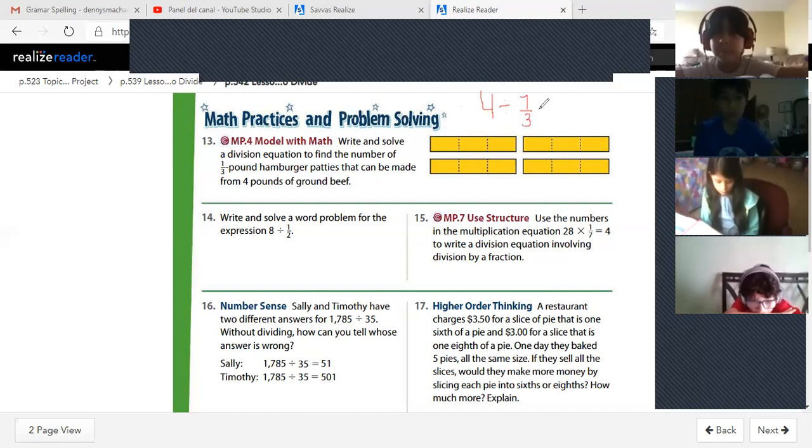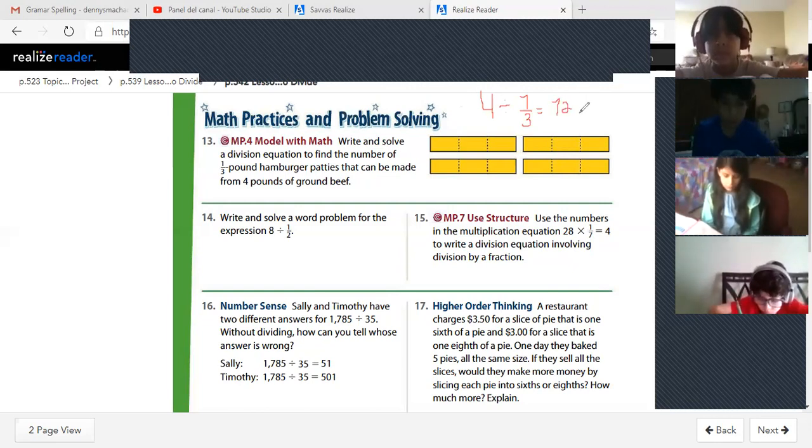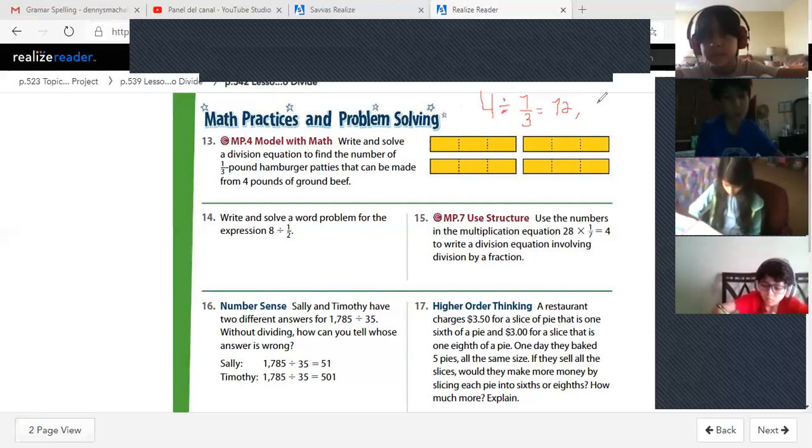And that is equal to 12. Right? Or if you do the representation, it is 12, right?